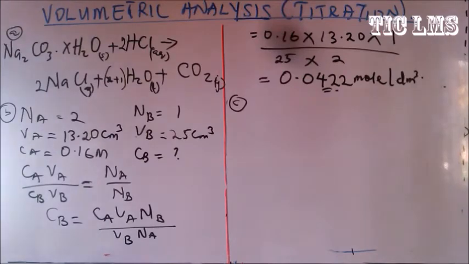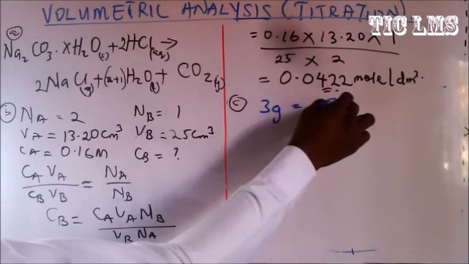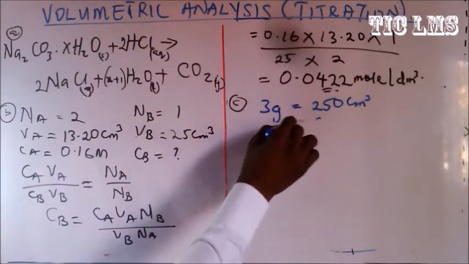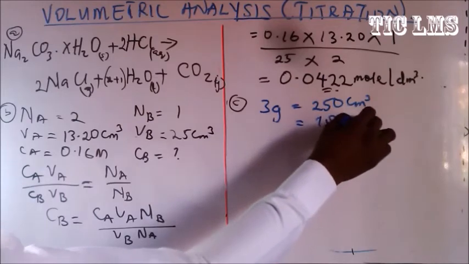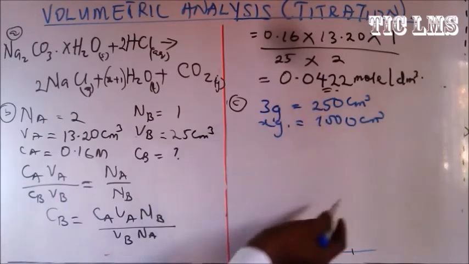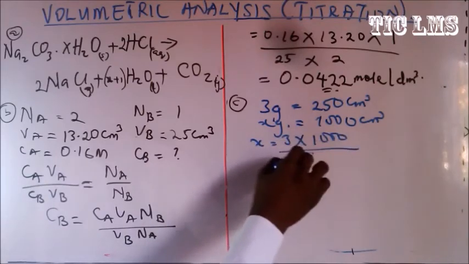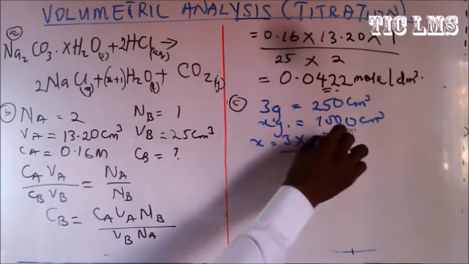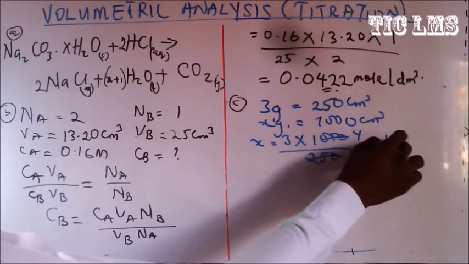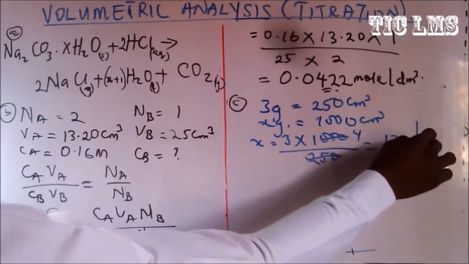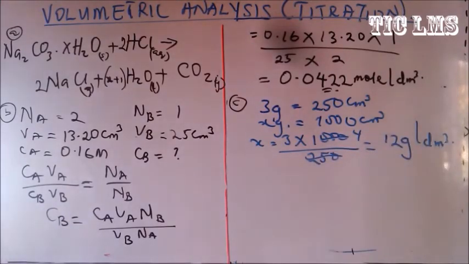So we have to find the grams in 1000 cm cubed to make it standard. So we have 3 grams present in 250 cm cubed. Hence, in 1000 cm cubed, how many grams are we going to have? So we have x equal to 3 multiplied by 1000 over 250. So we have 12 grams per dm cubed.